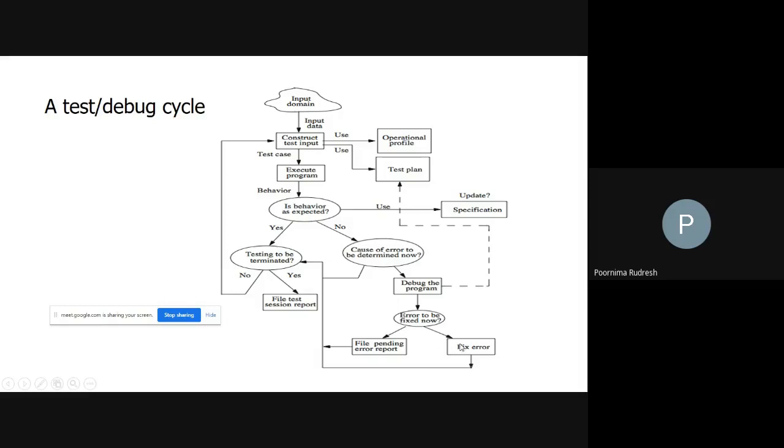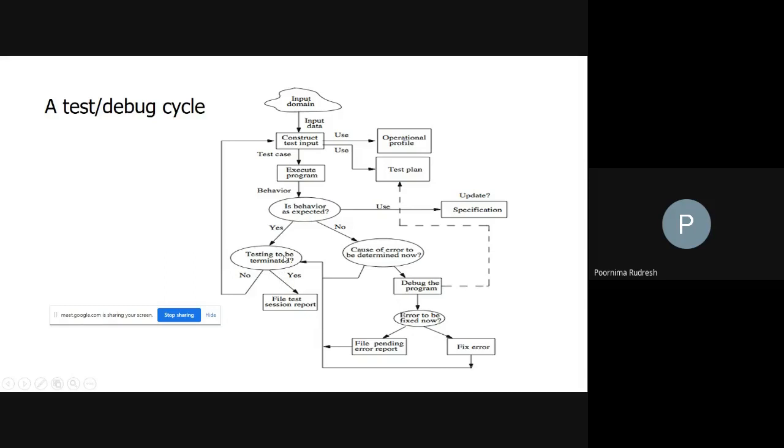Once the causes of errors are determined and debugging is done, we also prepare a file related to the type of error that existed and how the errors were removed by using the debugging process. Once it completes, we go back to check whether testing is to be terminated or not.